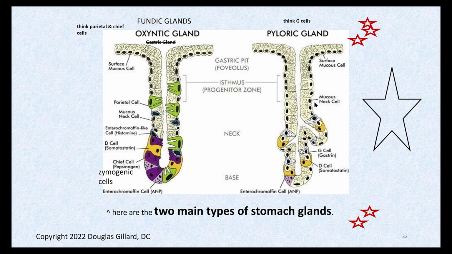Here's a pyloric gland in the pyloric region of the stomach. Their claim to fame are these G cells, which make gastrin. We'll take a look at how this all works. They also have their own D cells, which have a slightly different mechanism of action than these D cells do.